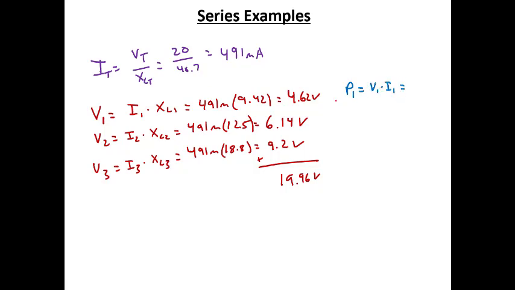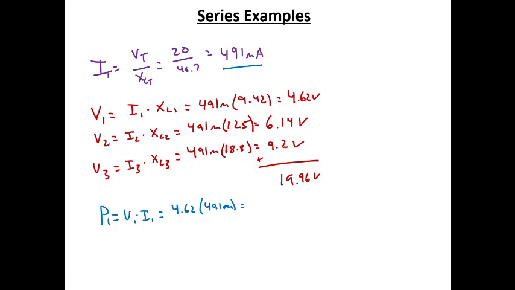Because this is a series circuit, we're going to use this voltage and this current. So we'll have power 1 equals V1 times I1, so I'll have 4.62 times 491 milli. The current everywhere in the circuit is going to be this, so I'm just multiplying it times each one of these.